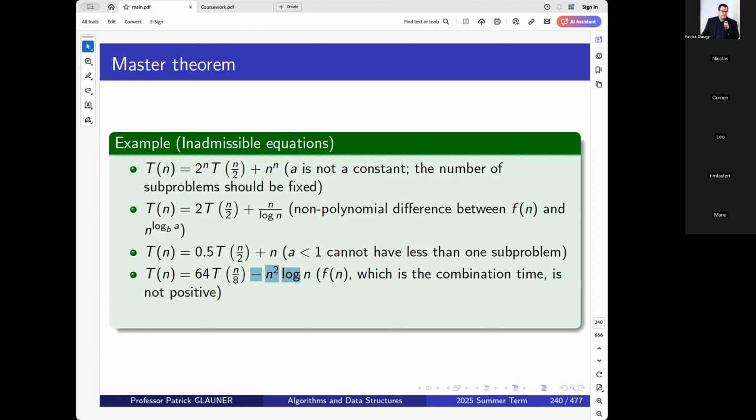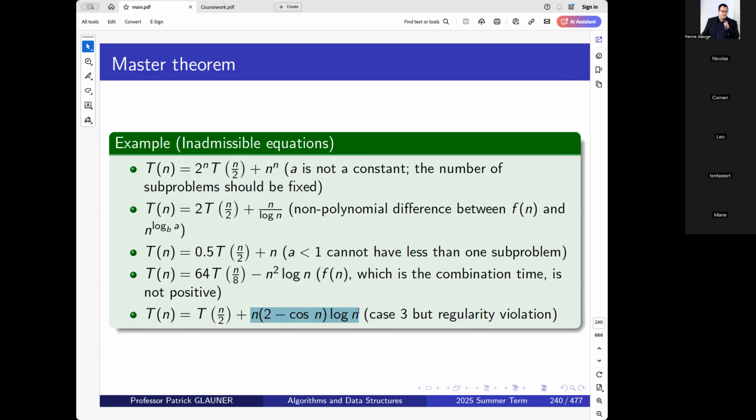This one here, theoretically, the f of n looks okay, but you have a minus. And the combination time is always positive, not negative, because you cannot just reduce running time. So this one here also doesn't make any sense because it's negative.